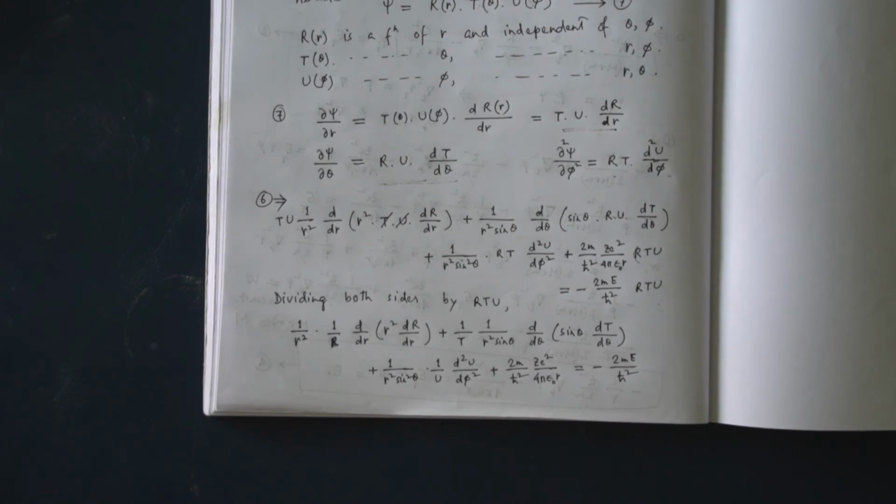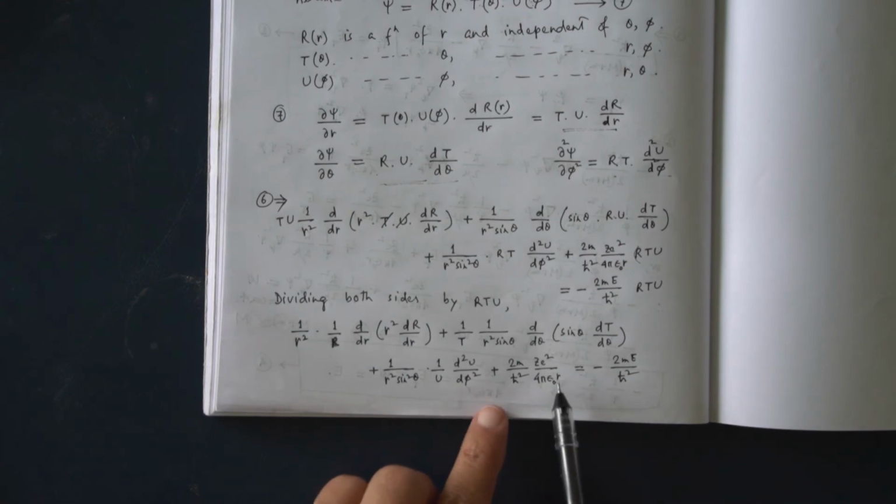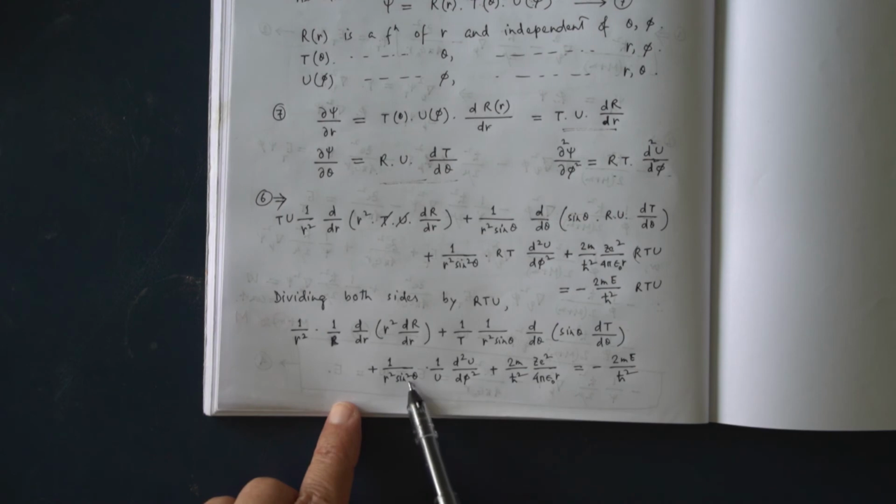Now what we do, we multiply both sides by r square sine square theta.